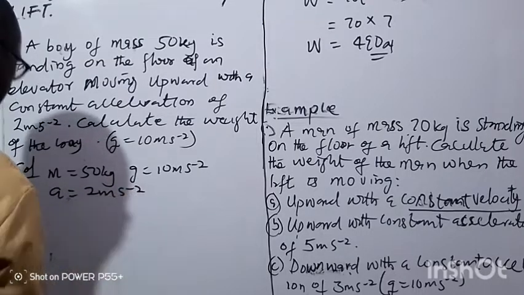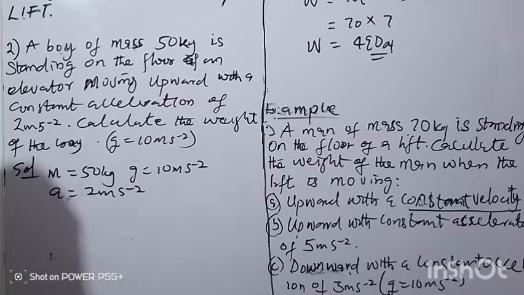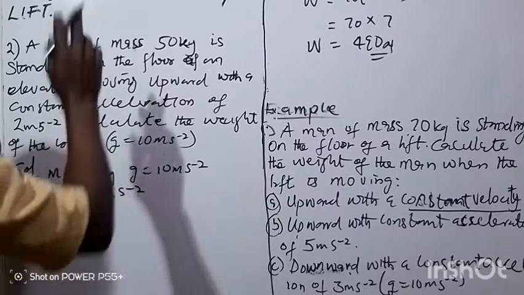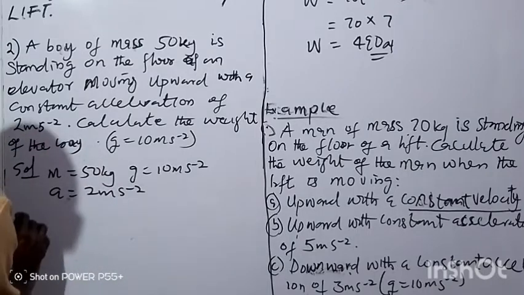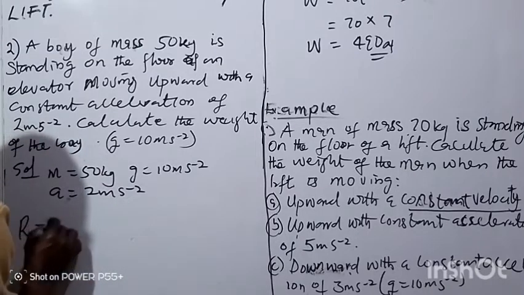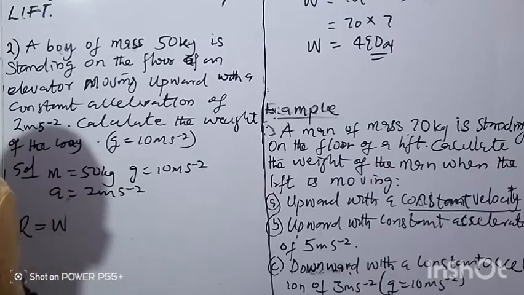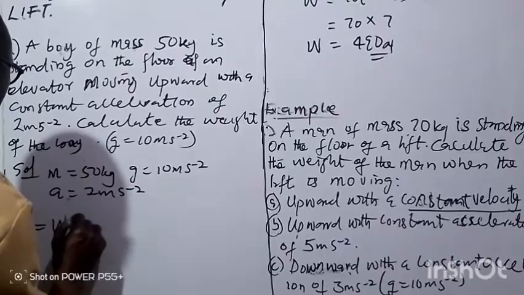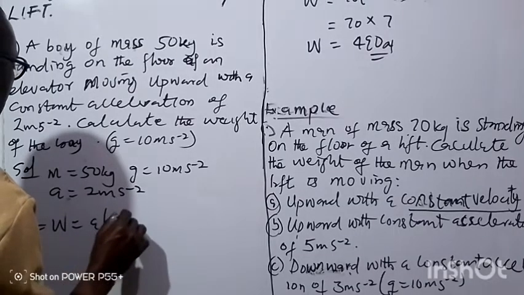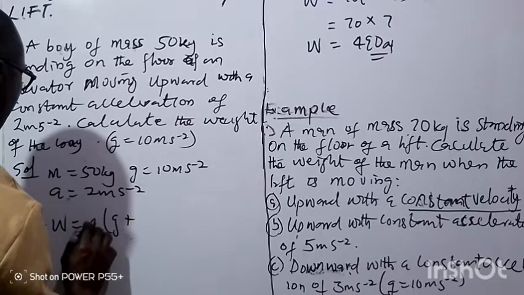Now to calculate the weight of the boy, don't forget when it moves up, there will be a gain in the weight. Then R will be equal to W, which is the weight, that is the reaction from the floor of the elevator on the body, and this is the weight, which shows the action. Then it will be equal to m(g plus a).